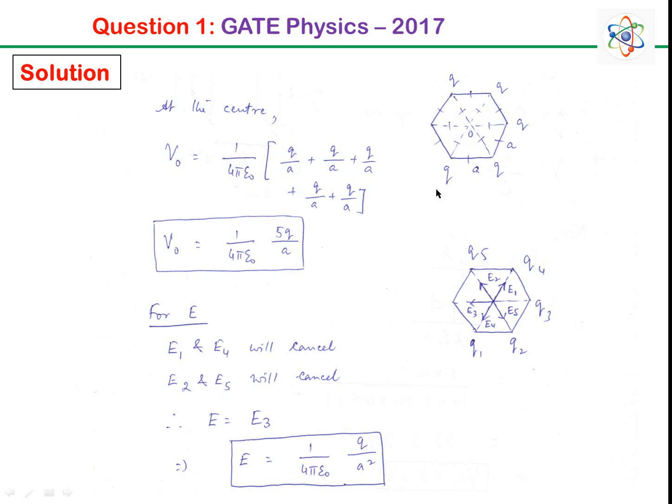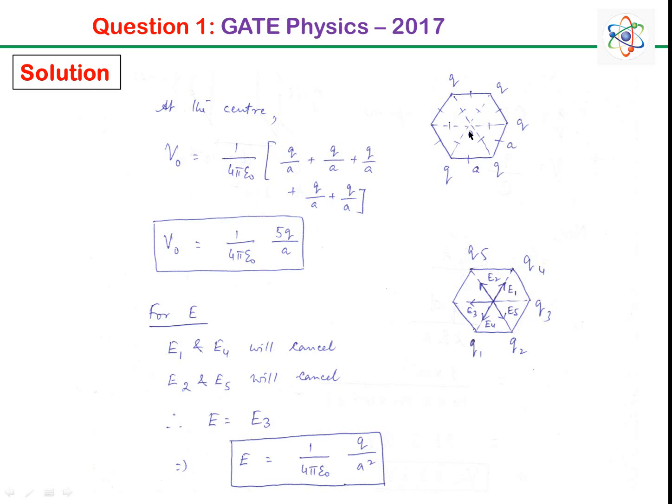Now we know that the potential V is given as 1 by 4 pi epsilon naught times the charge divided by the distance, and if we have multiple charges, then the potential is just the superposition. So we have to add up all the contributions.